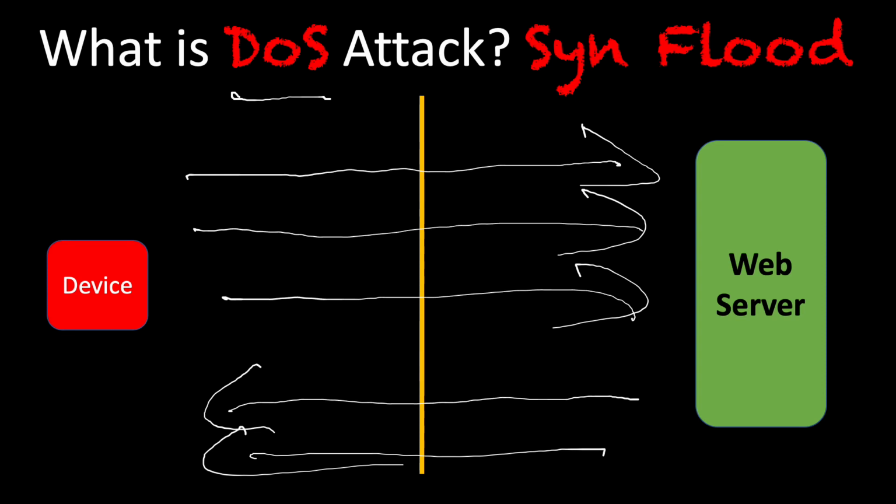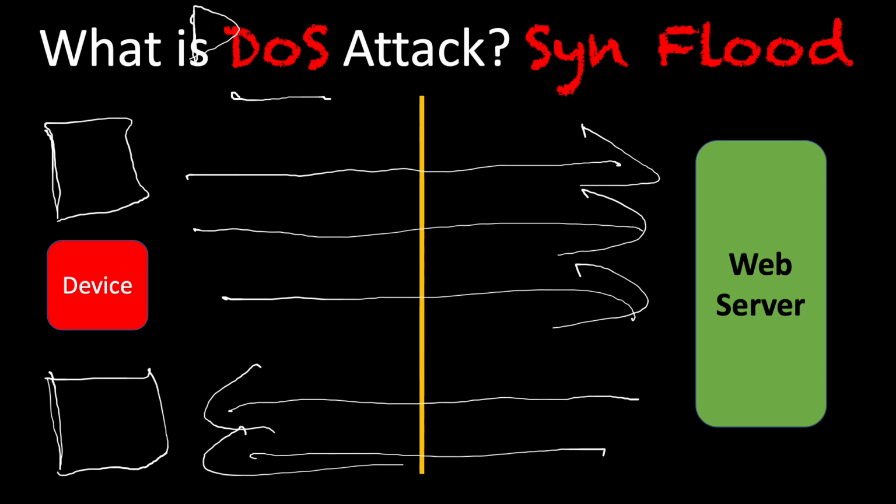Now, you may have noticed the terminology of using a DDoS. What we're simply doing here is putting the letter D in front of DoS, and that basically means it's a distributed DoS attack. The main difference is, imagine on this side we have more devices.